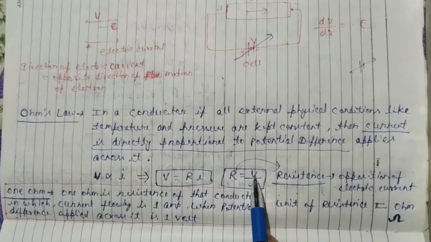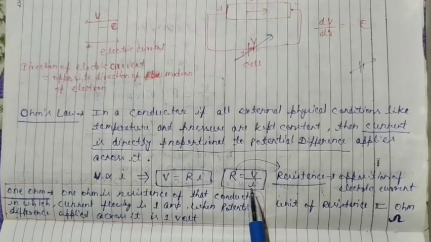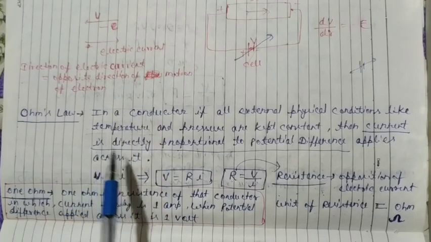Definition of 1 ohm: 1 ohm is the resistance of that conductor in which current flowing is 1 ampere when potential difference applied across it is 1 volt. So this is the definition of 1 ohm resistance, and this is Ohm's law.